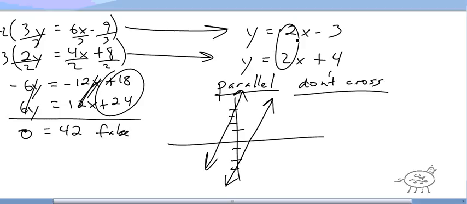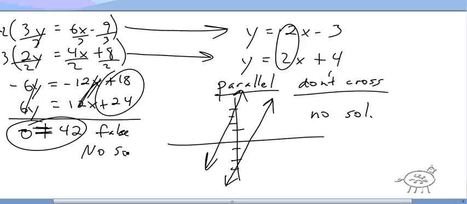So if they don't cross, if they're parallel, that means it would be no solution. Obviously this is with graphing, but if I go back to my original problem where I'm doing elimination, this is the deal. 0 does not equal 42, it's false, so that answer is no solution.